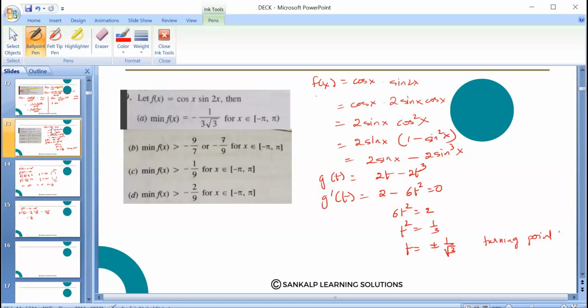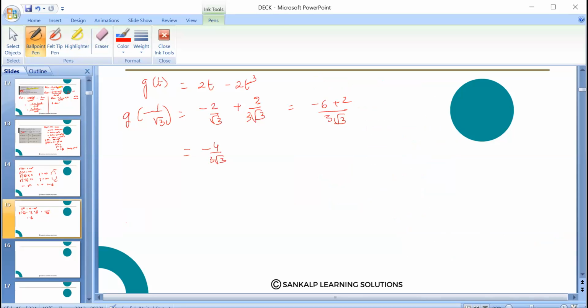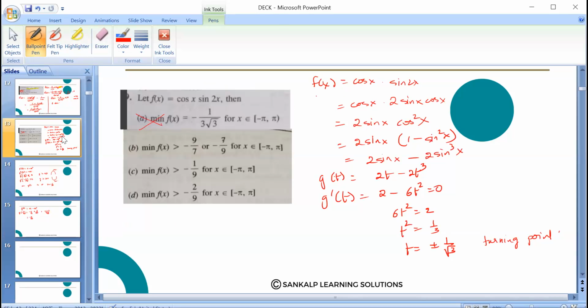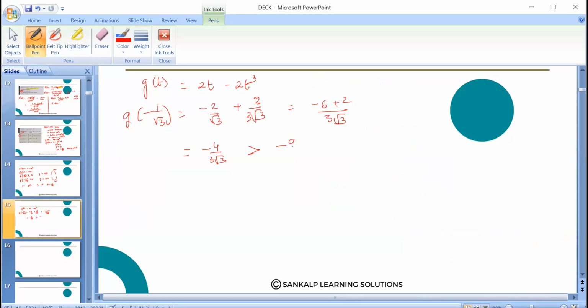What is this, minus 4 by 3 root 3? It's not option A. So we have to go for option B only, because it is greater than minus 9 by 7 or minus 7 by 9.